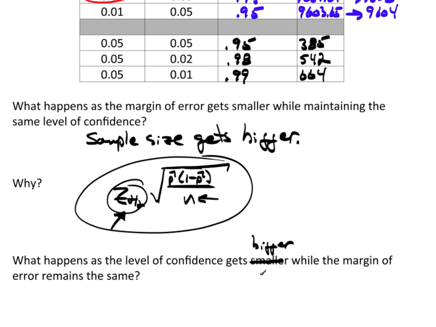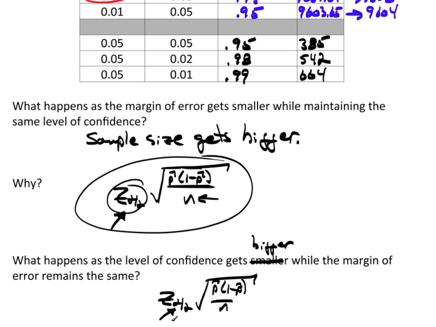What's happening is it's saying I'm more and more certain while the margin of error remains the same. So here's a margin of error. It's always the same. So this quantity, z of alpha over 2 times the square root of p hat times 1 minus p hat over n, this entire quantity has to remain 0.05, but I'm changing the level of alpha.